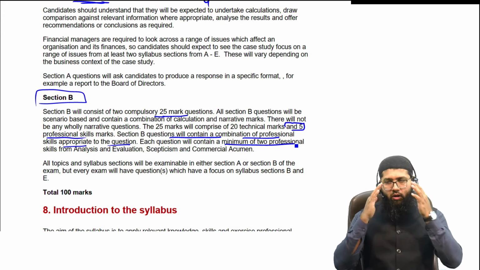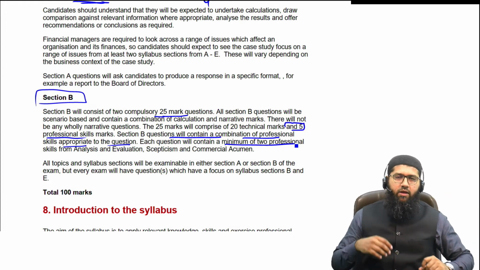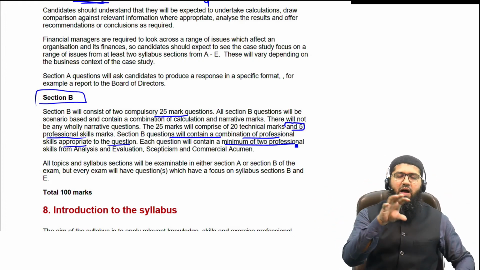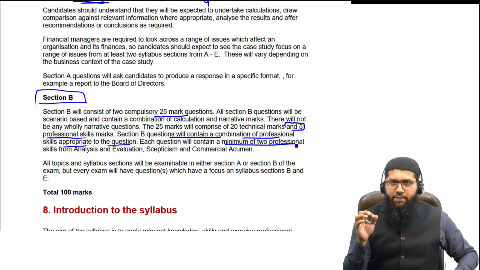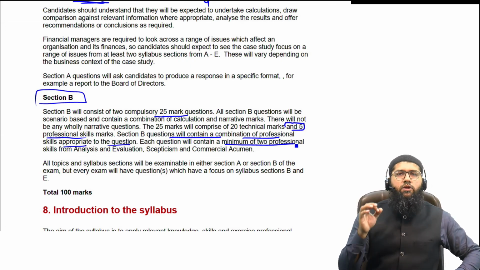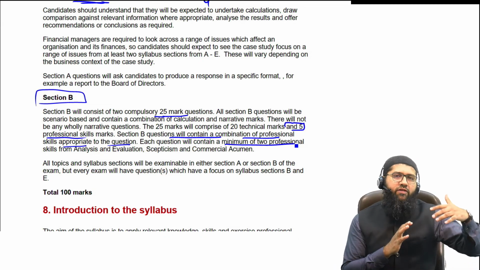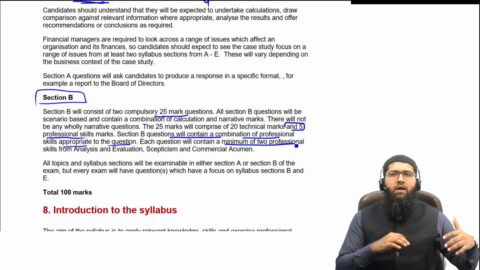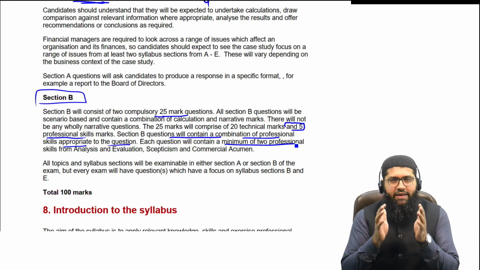There could be 4 also. So basically 10 marks in section A and 10 marks in section B, 5 marks for each question. That makes the 20 marks that you would be required to score in the examination. So it's not just going to be the technical aspect, but it's going to be the professional skills also that you would have to develop if you wish to pass.